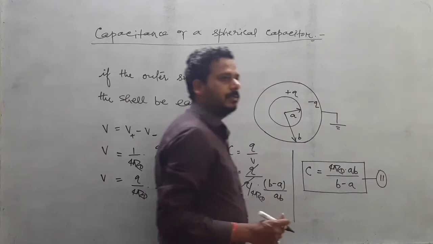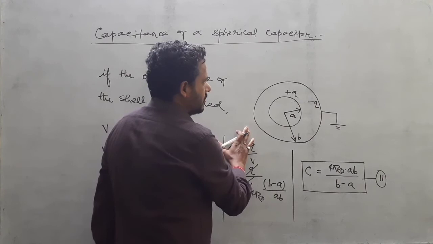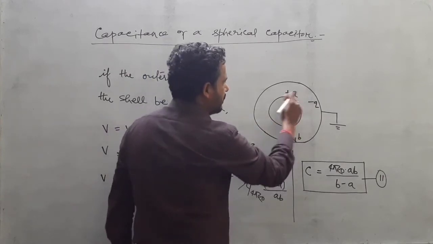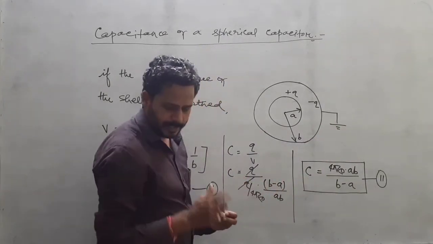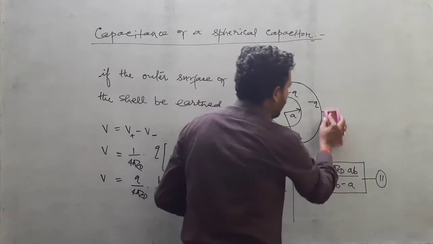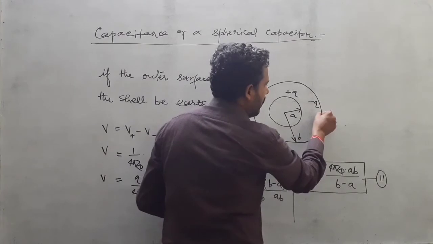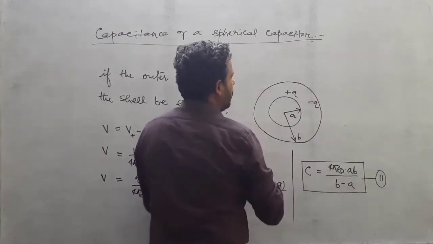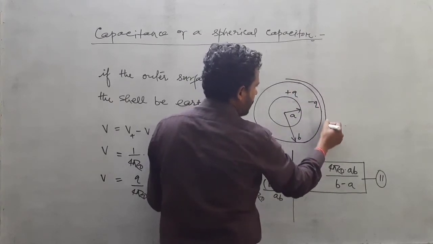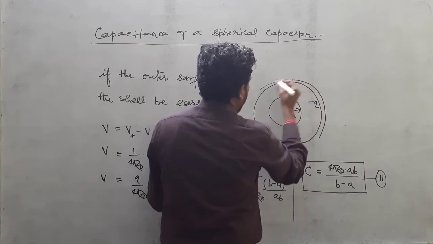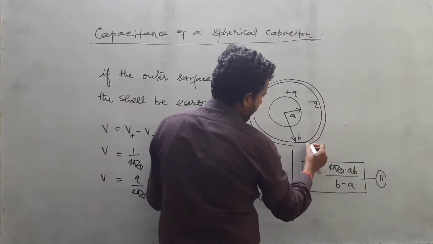Now here I want to find the capacitance when the internal sphere is earthed instead of the outer one. For this there is a simple change that I want to make. I want to give thickness to this outer shell. So suppose this outer shell has some thickness, then accordingly some changes will be there.